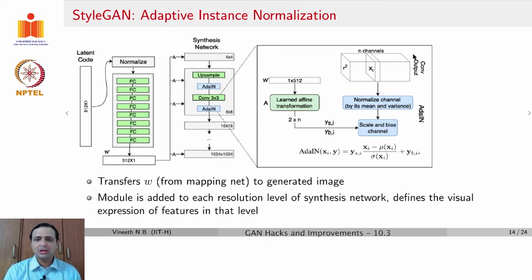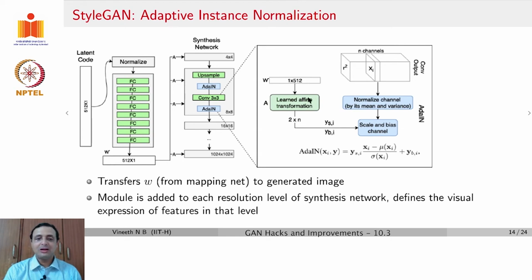If you have a convolutional layer, as what you see on the top here, a specific channel of the feature maps in that convolutional layer is normalized by its mean and variance to get an adaptive instance normalization.